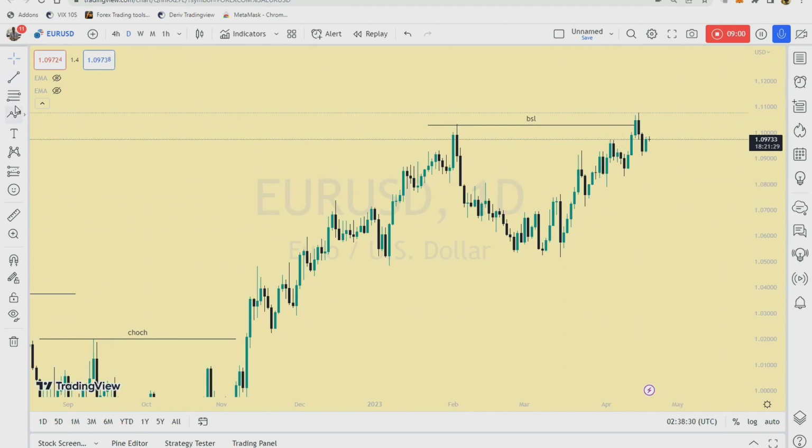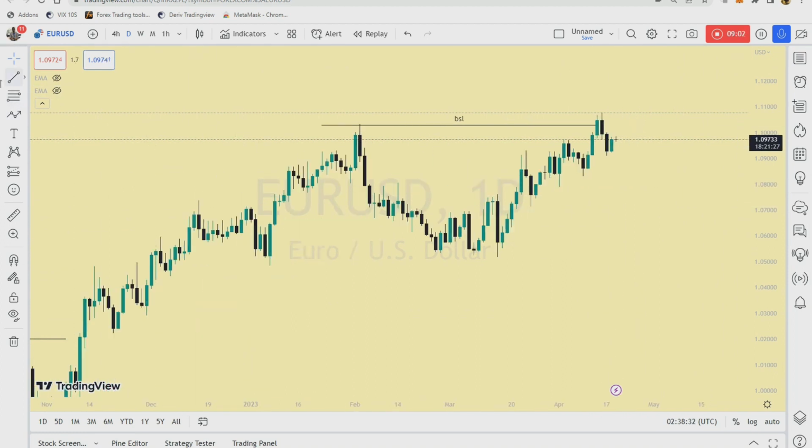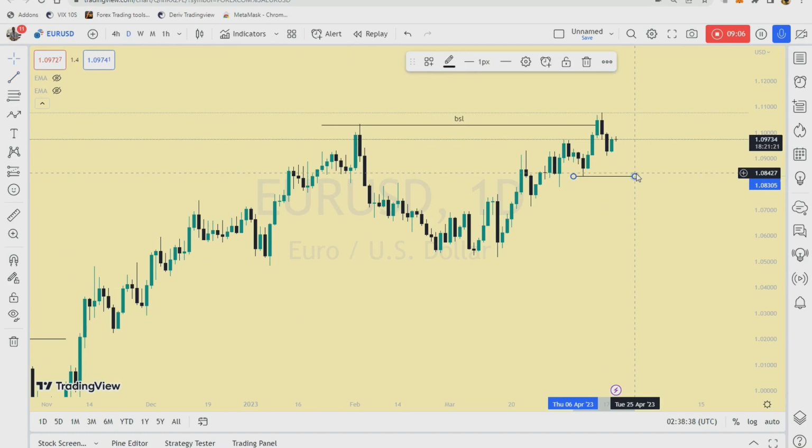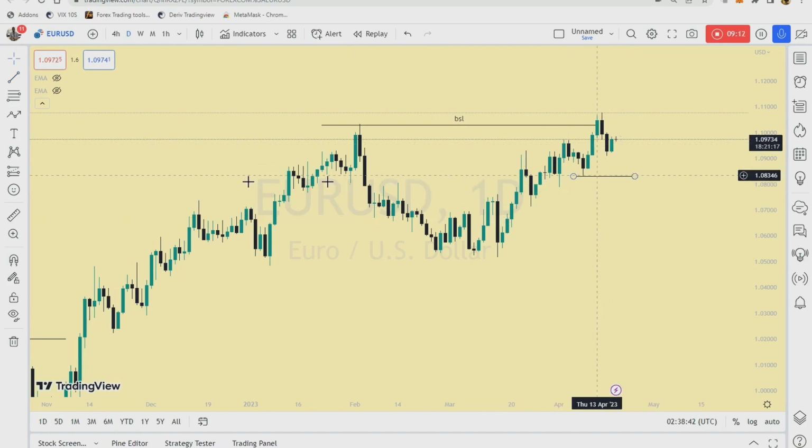So from the daily perspective, until we have a close below this low, we will not be looking for shorts. Sorry, we will not be looking for shorts until we have the market trading below this low here.